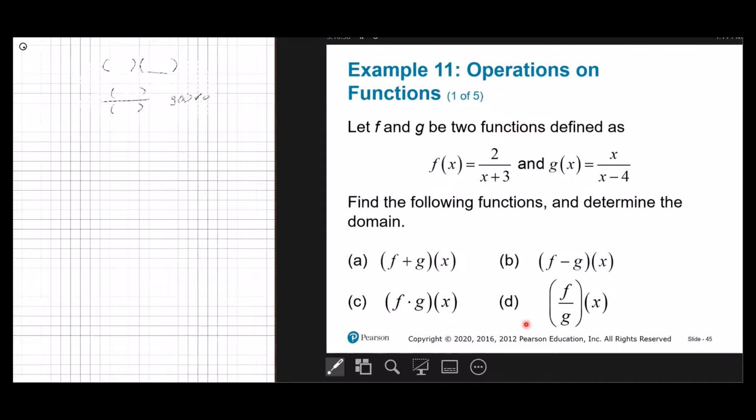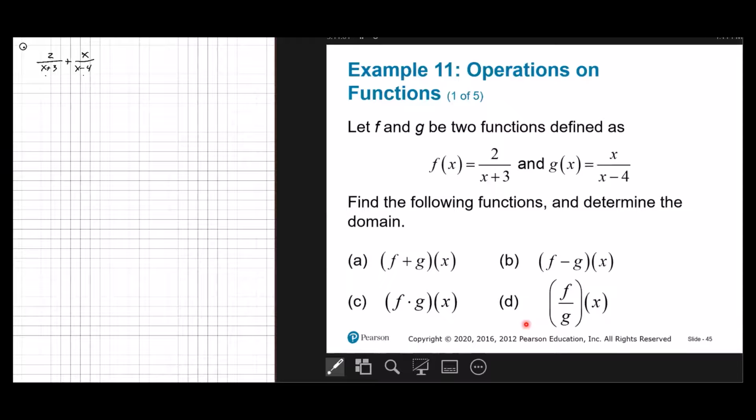So letter A is adding those two together. So I have 2 over x plus 3 plus x over x minus 4. Well, I'm adding two fractions that have different denominators. So that means I want to get the denominators the same.